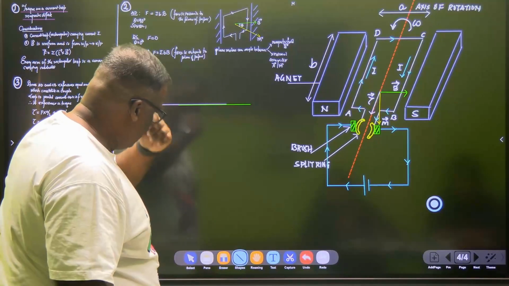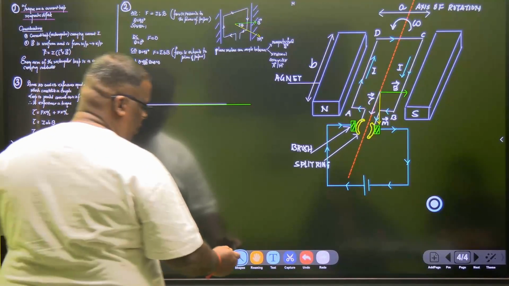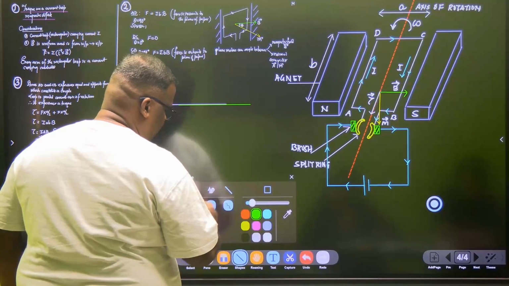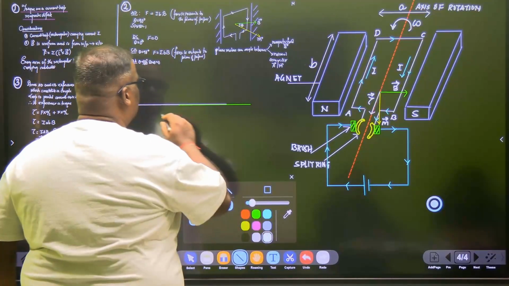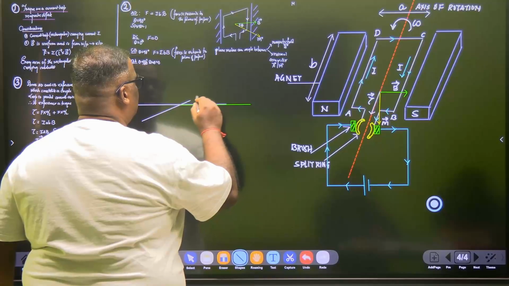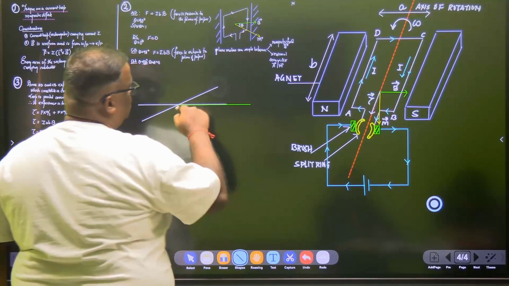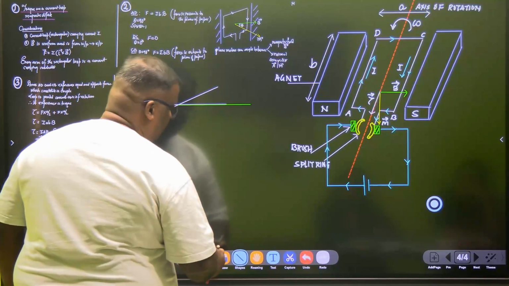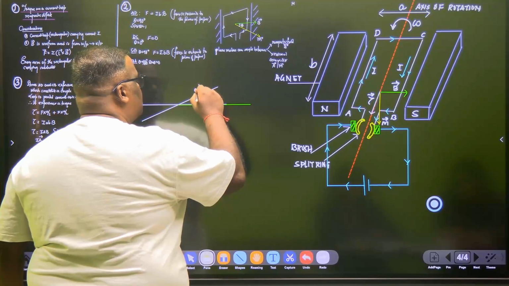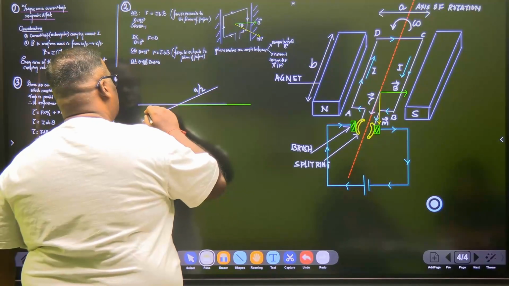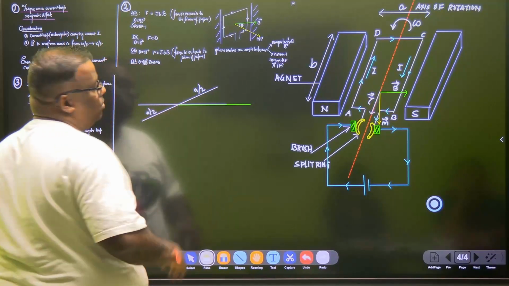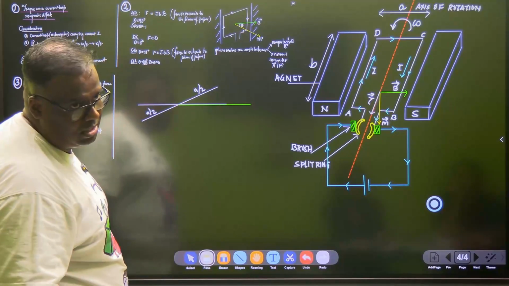And your original one has got shifted like this. This is the original. So here I would write A by 2, and this is also A by 2. Clear now?